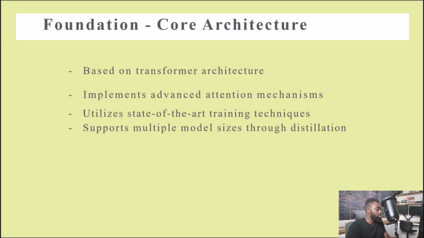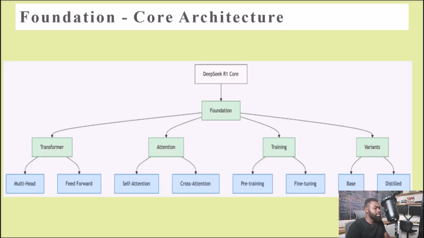We'll talk more about that, but let's go ahead and look at an overview of what we just talked about briefly. When we talk about the core architecture, let's look at everything laid out. At the top, you can see that we have the DeepSeek core, and then it's a foundational model, which is the main model without any alteration. And at the core we have the transformer also.